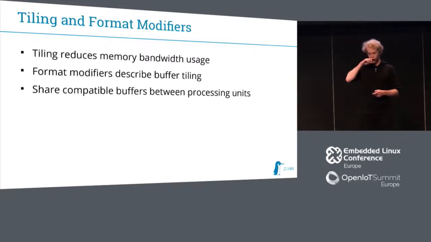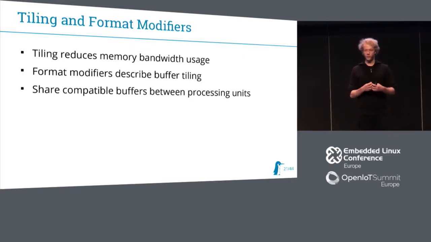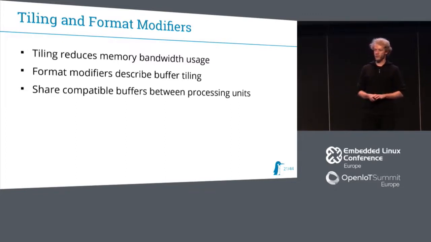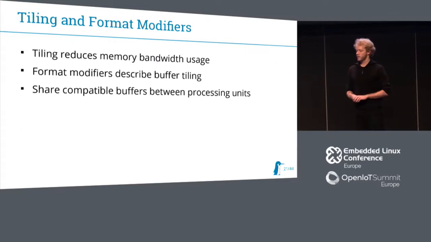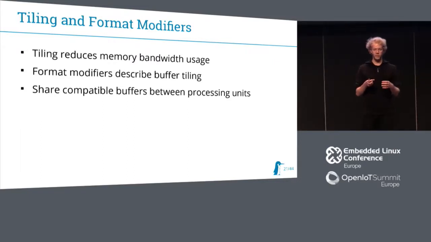And furthermore, you have tiling formats, which allow to save memory bandwidth by reordering the pixels of your frame and having a better cache accesses. This is described by format modifiers, and this allows to share buffers with a specific tiling between hardware units.